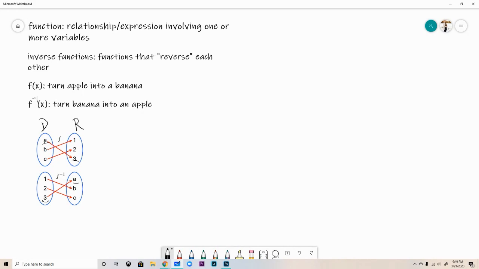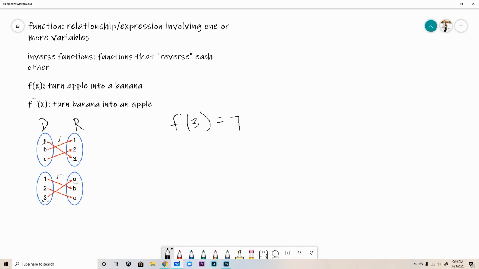Let's do a couple. If I were to give you f of 3 equals 7, whatever the function is, we don't need to know what the equation is. We just know that if we plugged a 3 into that relationship, we would get a 7 out.